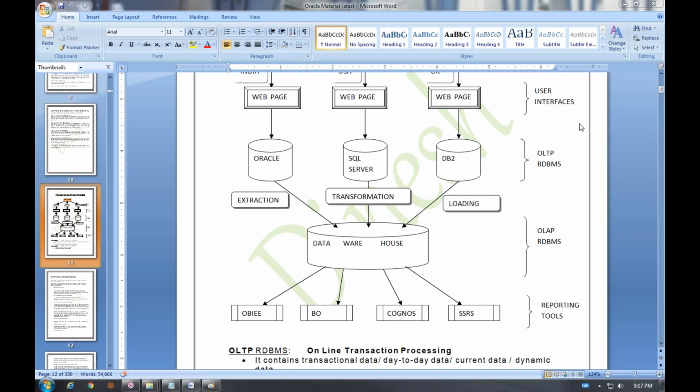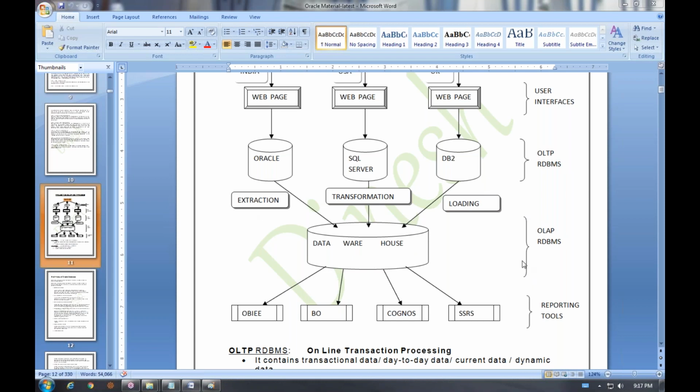Okay, listen carefully. There is a lot of meaning, a lot of purpose and so much use in maintaining two. There is a lot of difference also between OLTP and OLAP. Suppose there is no data warehouse.